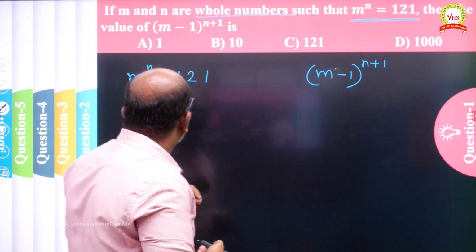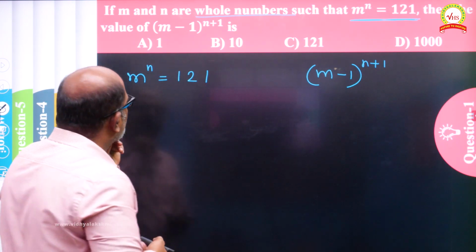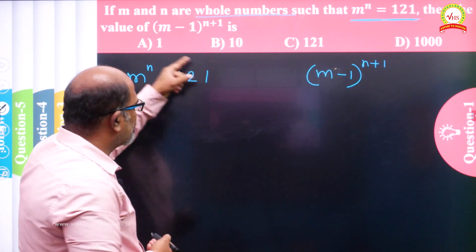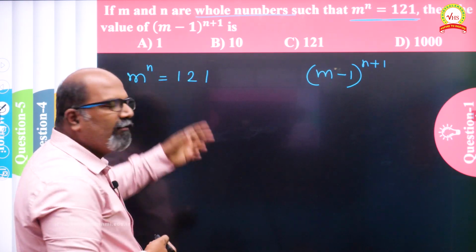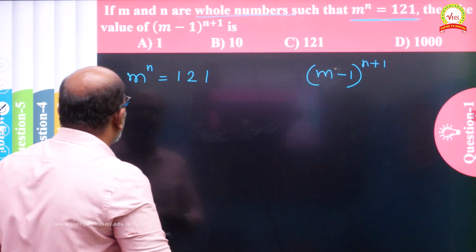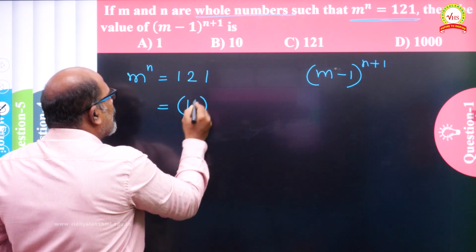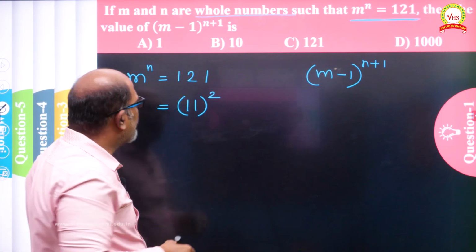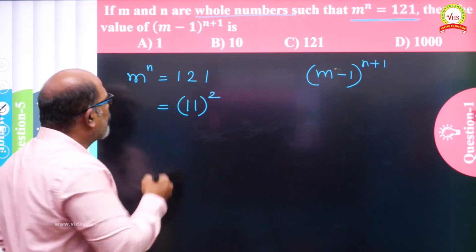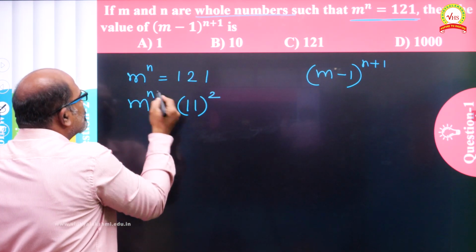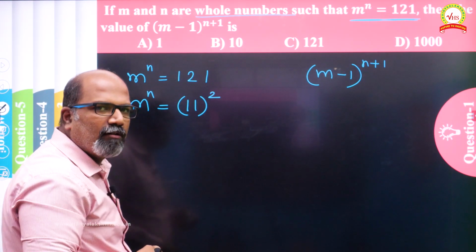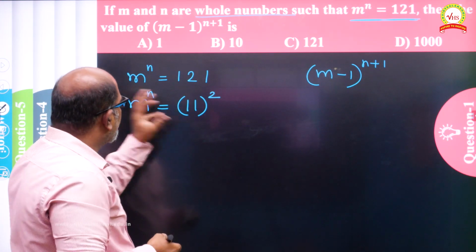So for that, I want to simplify this equation, and I will go for finding the value of m and n. See, this 121 we can write as 11 power 2. Am I right? Yes, 11 square is 121. So m power n is equal to 11 square. Now we can equate these two.